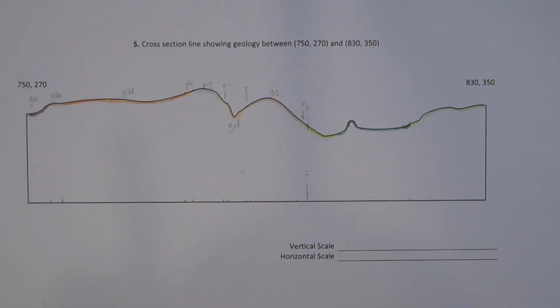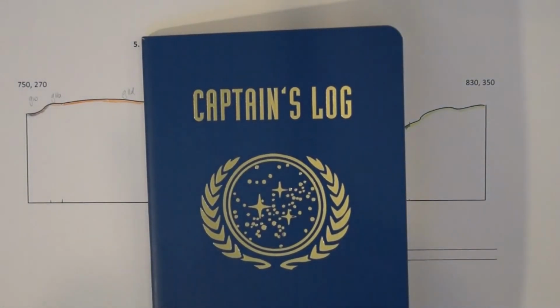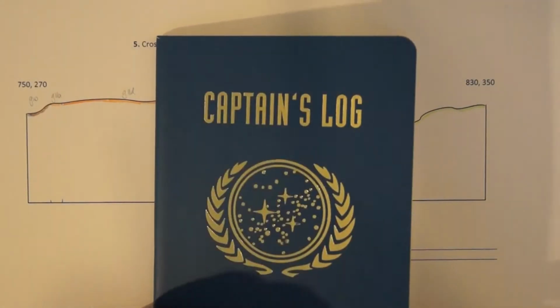Okay, so this is when we break out a notepad where we can do some maths. And now we're going to calculate how much this vertical exaggeration will have modified our dip.